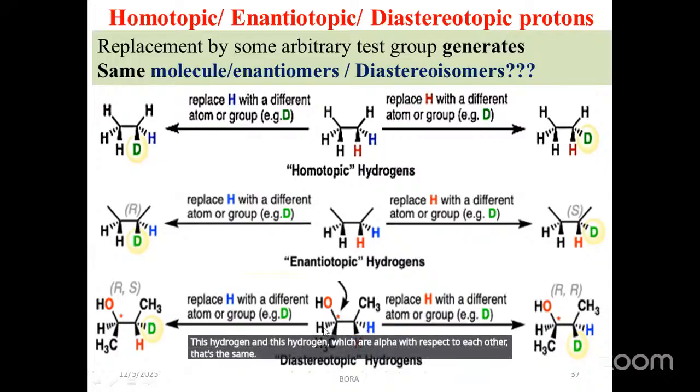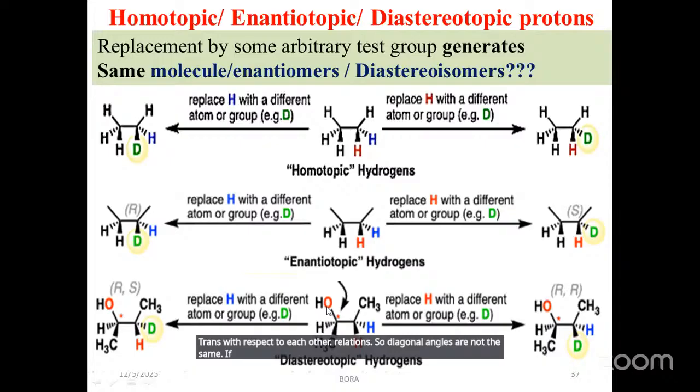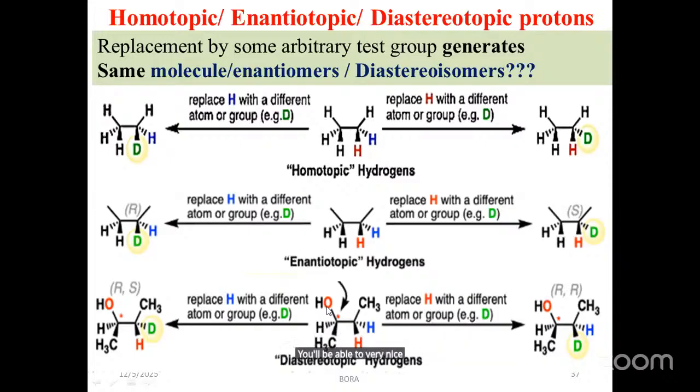Whereas the red hydrogen and the black alpha hydrogen, they are trans with respect to each other. So dihedral angles are not the same. If you draw a Newman projection formula, you'll be able to very nicely explain how these two protons are not the same. The dihedral angle is not the same.